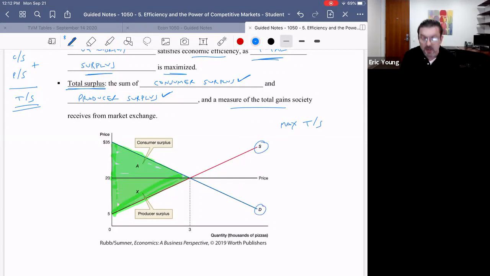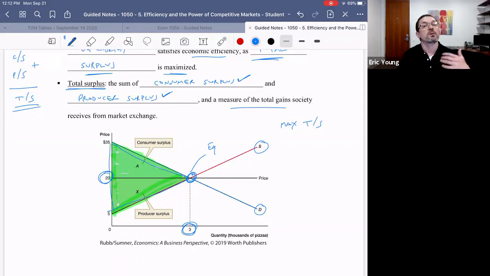We have a demand curve sloping downward. We have right here, as you know, our equilibrium point. Notice that at market equilibrium, at this equilibrium quantity and this equilibrium price, by definition, total surplus is maximized, because you cannot get that triangle any bigger, ceteris paribus. Okay?